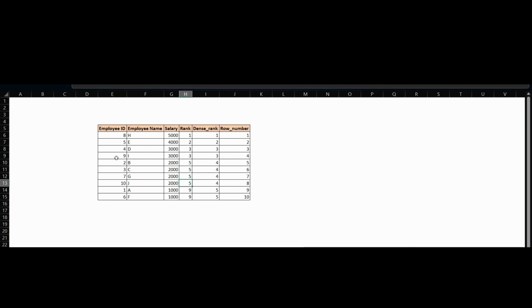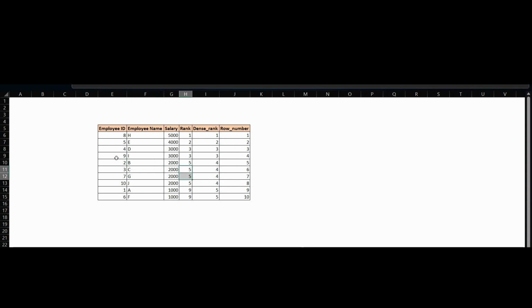Now, immediately, if you look at it, the next available salary in the same order is 1,000, and 2 people are receiving the salary of 1,000. But are they getting a rank of 6 or 7? No, they're getting a rank of 9. Why? Because the first person, which is B in this case, who is getting salary 2,000, has gotten the rank of 5.